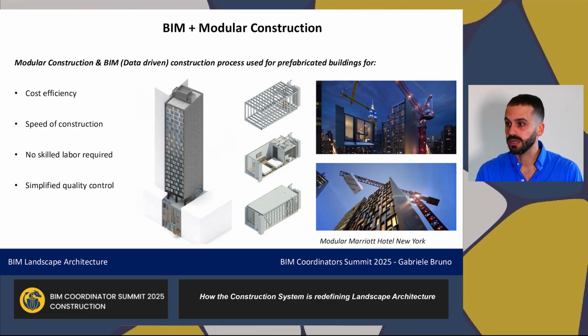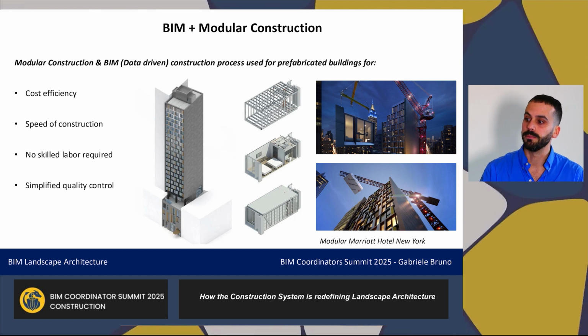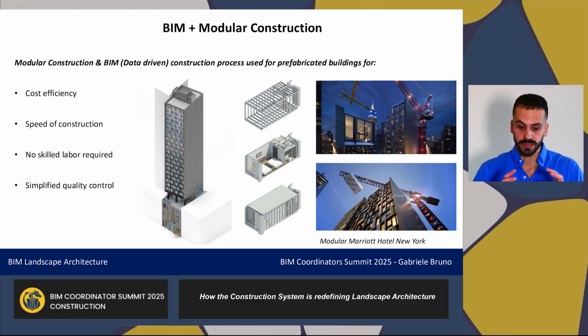This is one of the latest Marriott Hotels in New York, Manhattan, that has been designed and constructed directly in Revit. The physical construction happened in Poland, and then everything was shipped to the US, where it was built with a crane like Lego pieces, stacking one on top of each other.